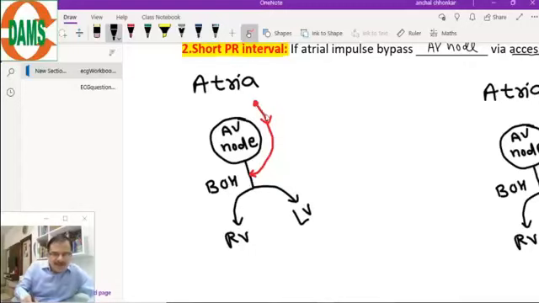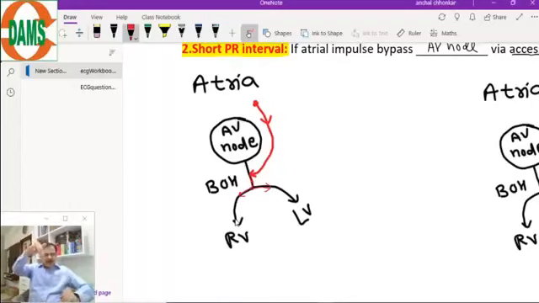Now the red one is the accessory pathway. So you can see the atrial impulse is bypassing the AV node, and it is going to the bundle of His. So in this scenario, what will happen? Both the ventricles will get depolarized simultaneously. Remember, bundle of His is a common pathway, and from that common pathway, the impulse will go to both the ventricles simultaneously.